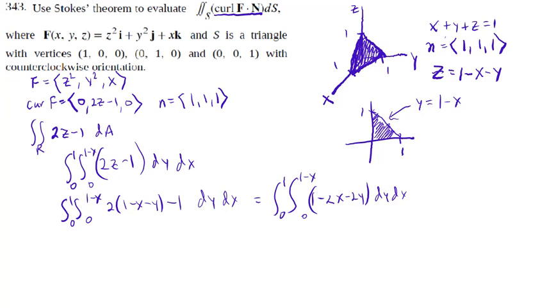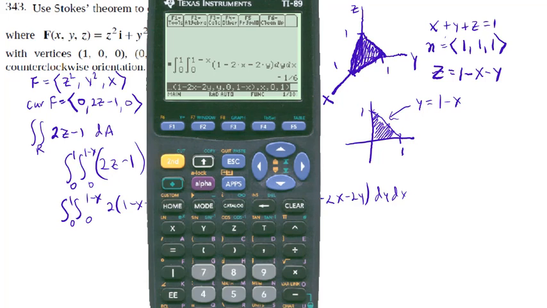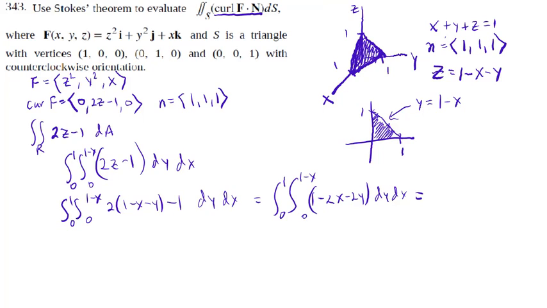Again, I'll type that onto my calculator. So, as you can see, that comes out to be negative 1/6. So that wasn't hard to do just by evaluating the surface integral, especially with the help of our TI calculator.